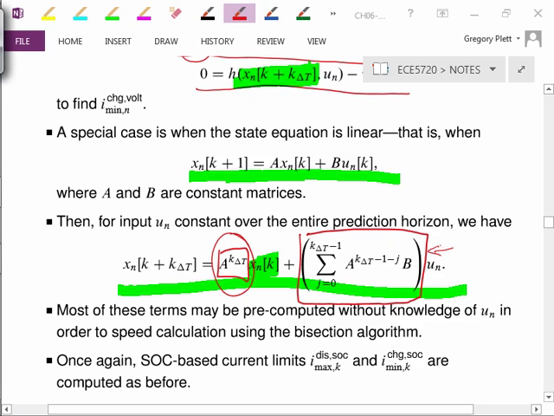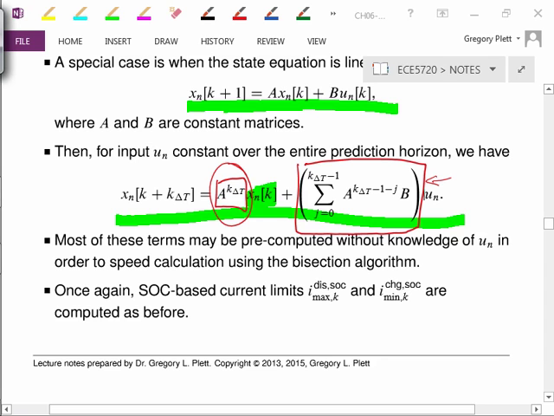And this one, as we'll see in the code in the next section, can also be computed quite efficiently, just doing a little bit of hand math first. So to compute the state a number of seconds or a number of samples into the future is not difficult for the model that we have. And so it will be actually quite simple to do this bisection to come up with the value of current that will achieve these limits.